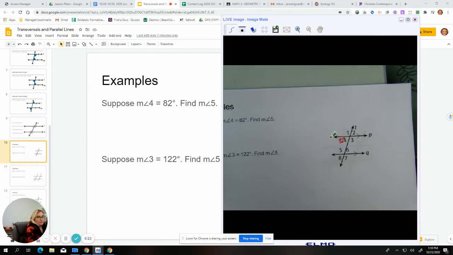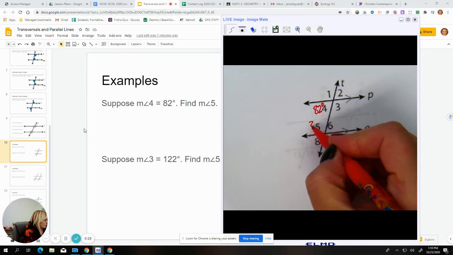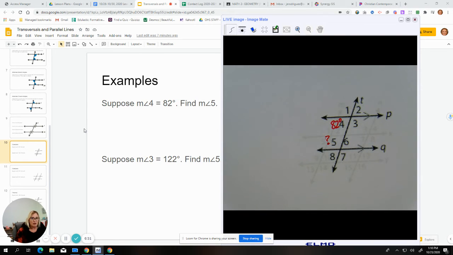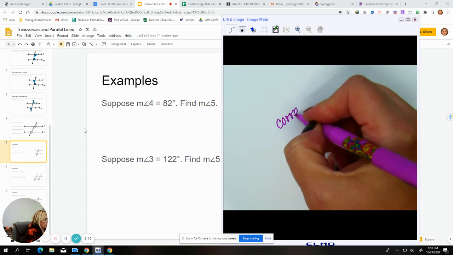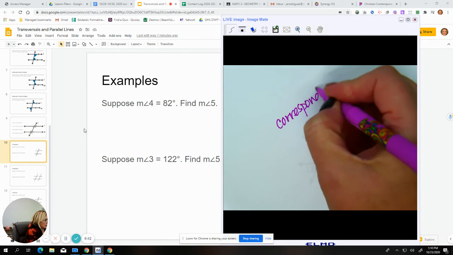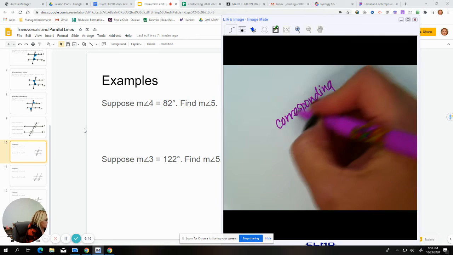Okay, so if this angle right here is 82, and we need to find 5, the first thing we need to figure out is what type of angle they are. Hopefully you recognize that they are, sorry, not corresponding.